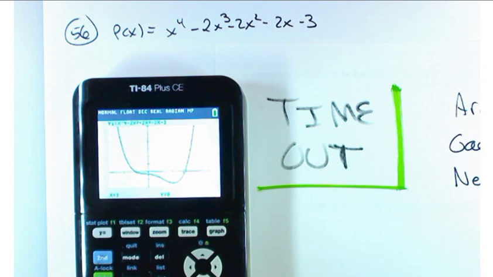Yeah, start with the known roots. Like 1 and 3 and 1 and negative 1. So either one.